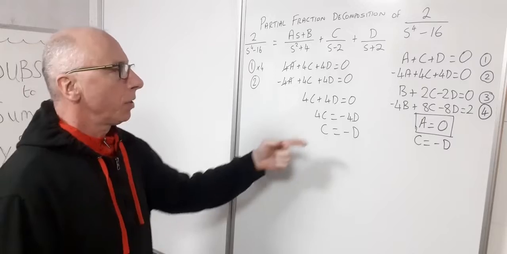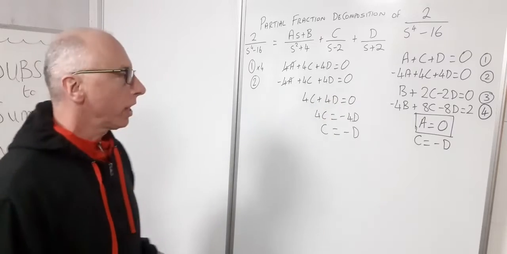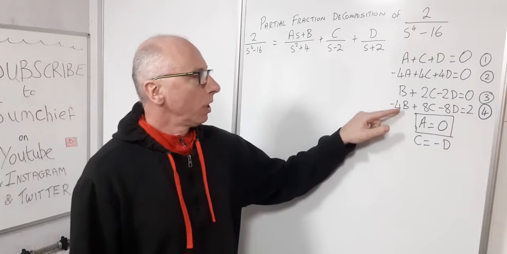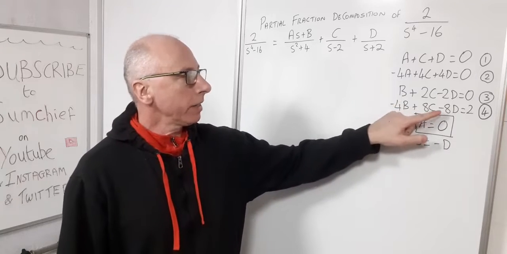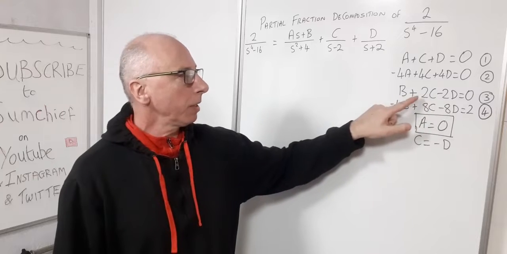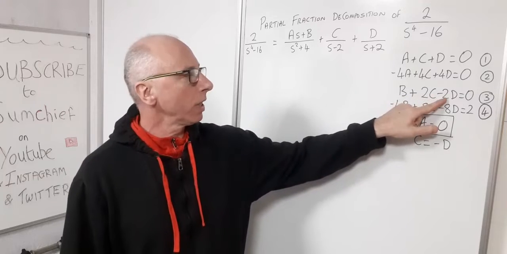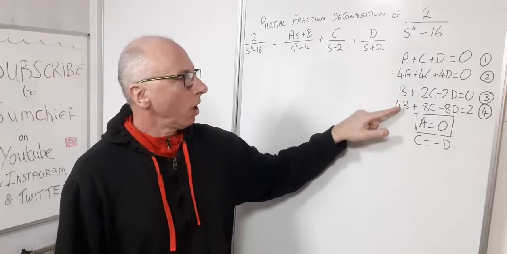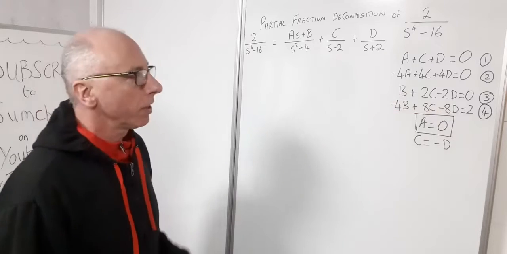Okay, let's take this off the board and have a go with equations 3 and 4. So equations 3 and 4, I've got 4b, 8c and 8d with some terms here, and b plus 2c minus 2d here. Now again, if equation 3 I multiply by 4, I'll have similar coefficients even if the signs are different.